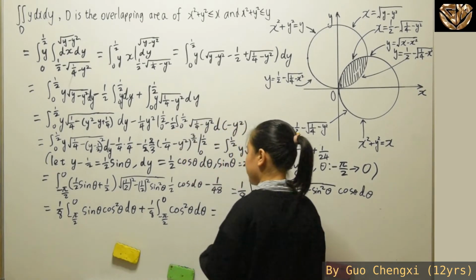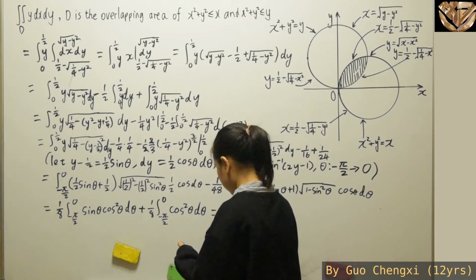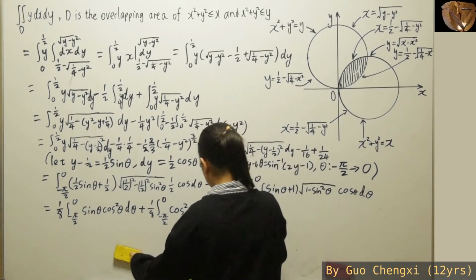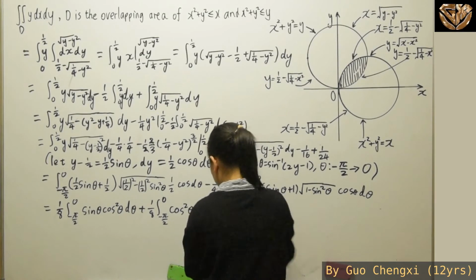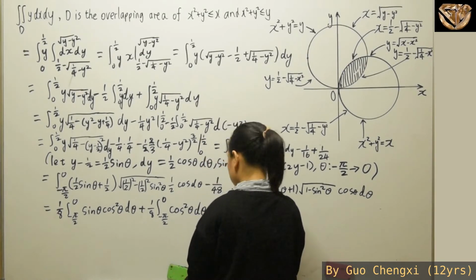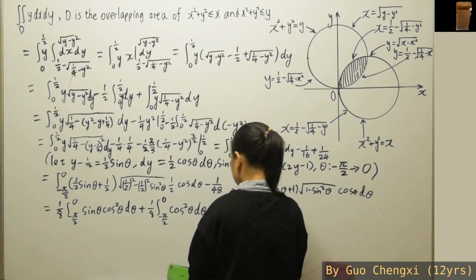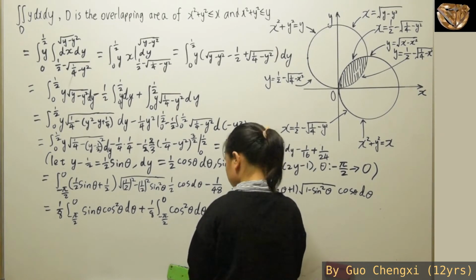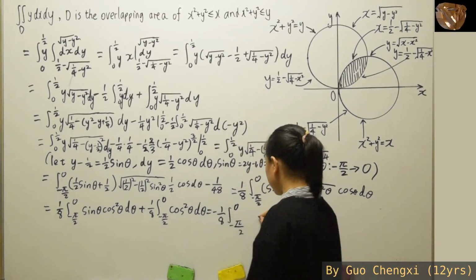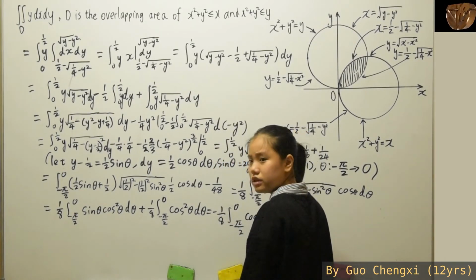And what you're going to get from here is, you can put this part inside, which you're going to end up with a negative. So it'll be equal to negative 1 over 8 to 0. And then over here you're going to get a cosine square theta.